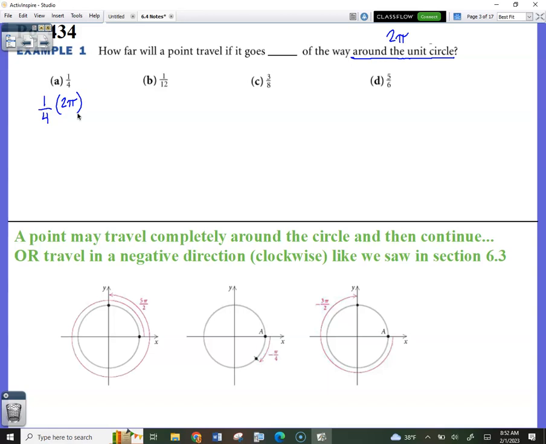The 2 is understood to be over a 1, and you multiply straight across. So you end up with 2 over 4, and what does that reduce to? Half. So this would be 2 pi over 4, which is 1/2. Do not write the 1. Don't write the 1. Write pi over 2. This is the answer.